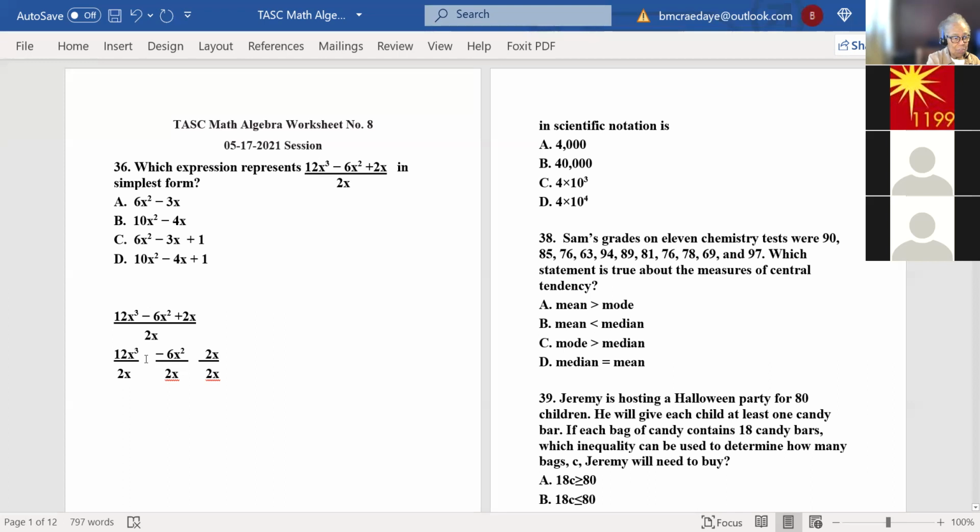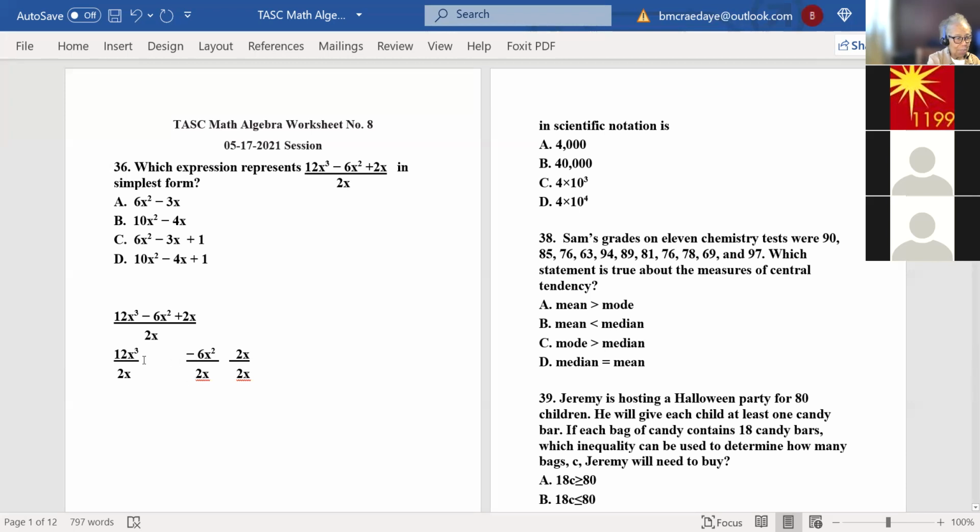So you take the first one. Let's take the first one, Vanessa. What's 12x to the third divided by 2x? What's that equal to? Now, exponents, when you divide, you subtract the exponents.